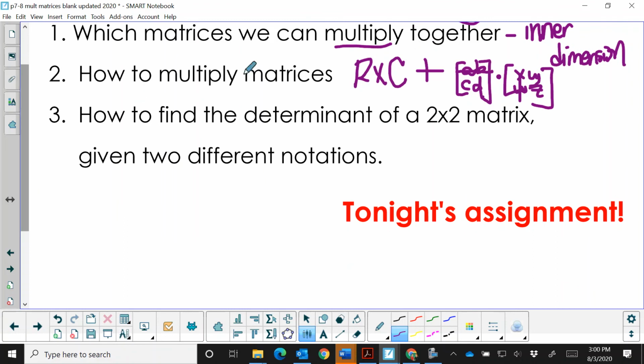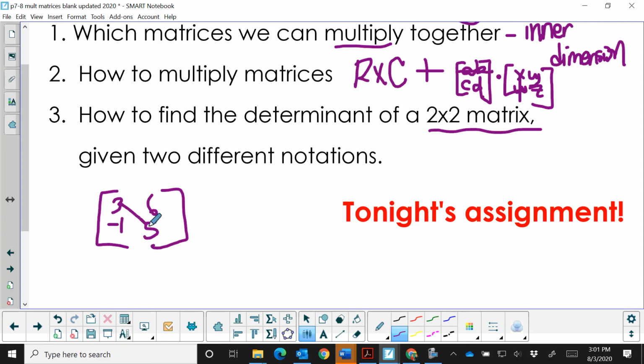Okay, and the third topic we learned is how to find the determinant of a 2 by 2 matrix. These are easy peasy. We just multiply the diagonal and subtract. So if we have 3, 6, -1, 5, we just multiply A times D, which is 15, and we subtract the other diagonal, which would be -6, and lo and behold, double negatives are positive, so that ends up being a positive 21.